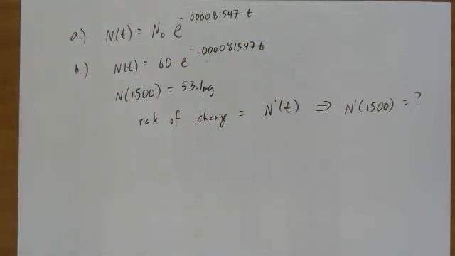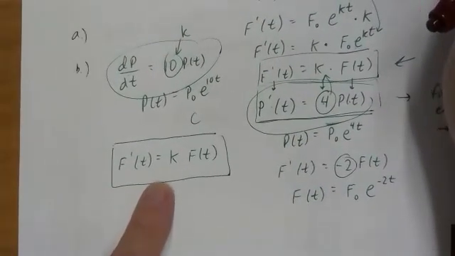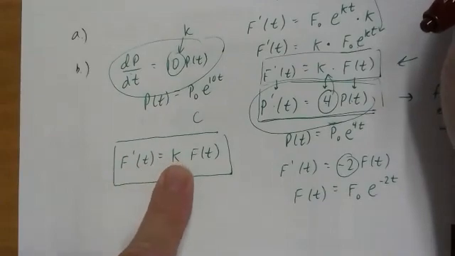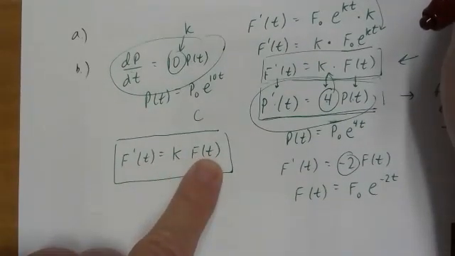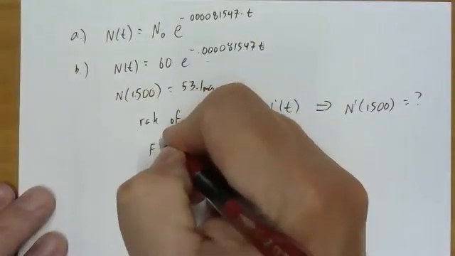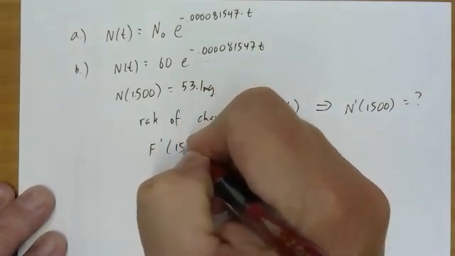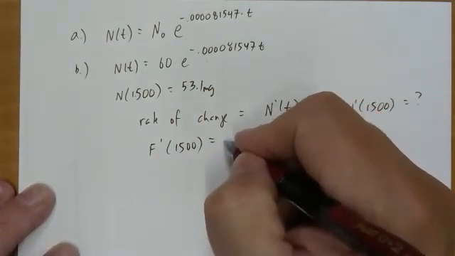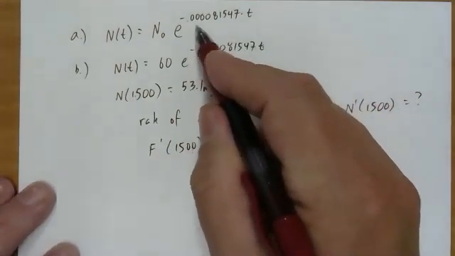Now I go back to this very handy equation. I said I was going to refer back to it, where the derivative of a function equals the k constant times the initial function. Let's rewrite this equation for this situation. So we're looking at when the time is 1500. I could write k here, but I know k is this.